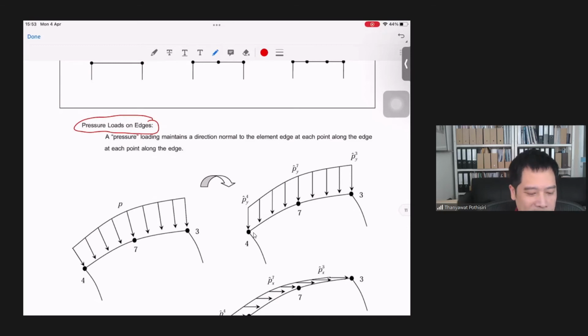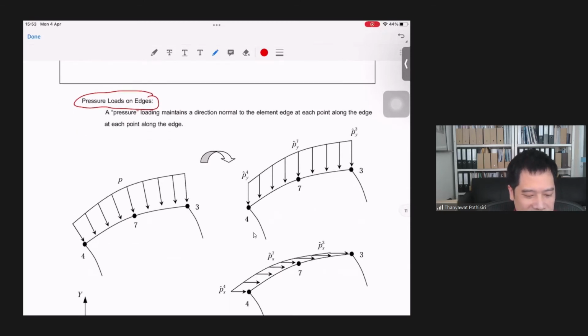Because you can have the normal vector pointing in different directions along the curved edge, right? So you need to be able to write this normal vector. So how can we obtain this normal vector to the curved edge?